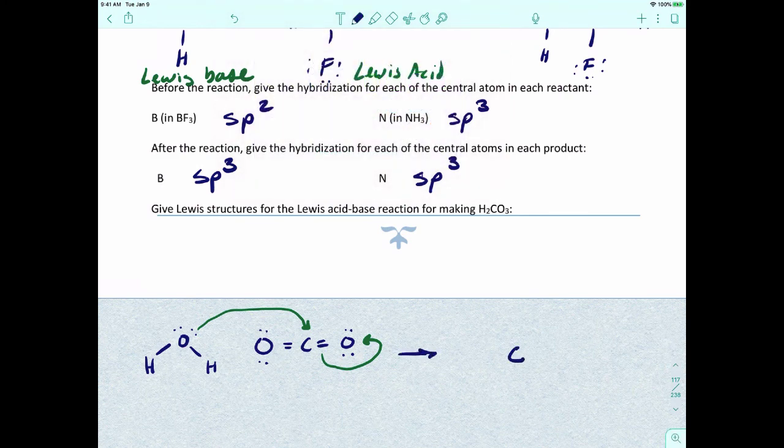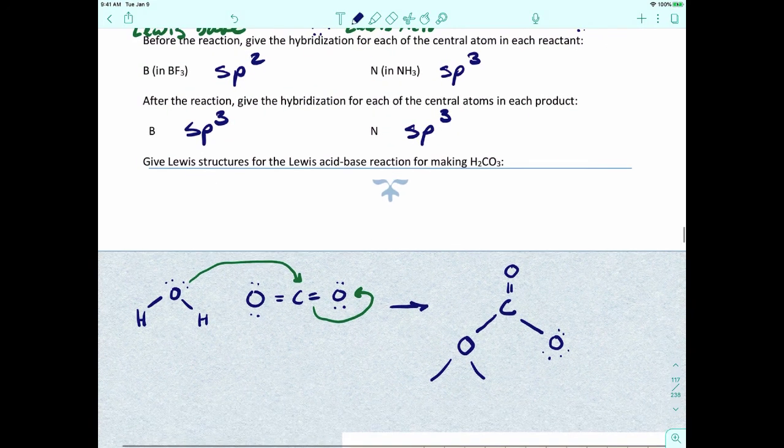The carbon is double bonded to one oxygen, single bonded to one oxygen, and also attached to an oxygen that is connected to the two hydrogens. That oxygen has a positive charge. The oxygen that was connected to the carbon dioxide has a negative charge.